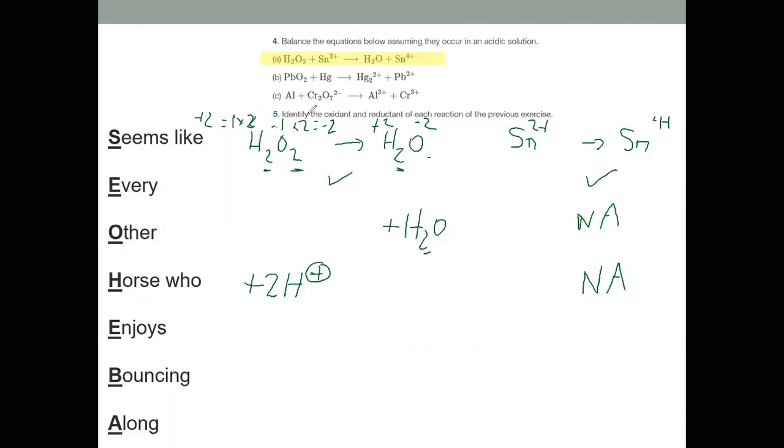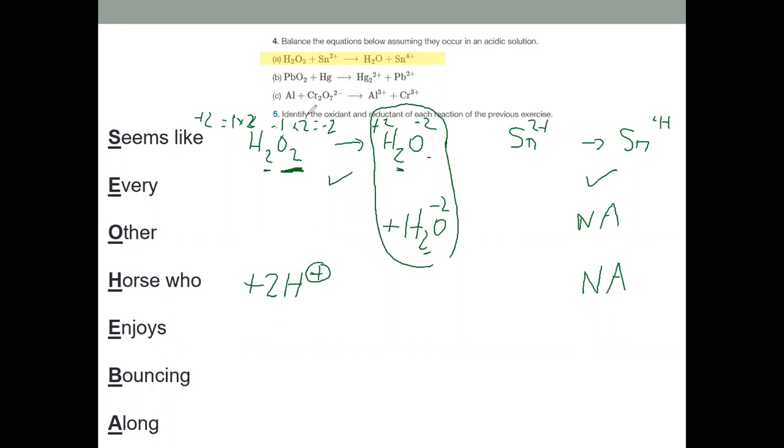So in order to balance the charge on the peroxide oxygen, since it only has a -1 charge, and we have 2 of those, we're going to need to add two electrons. It's because we have two water molecules on this side, remember, we have 2 of those.